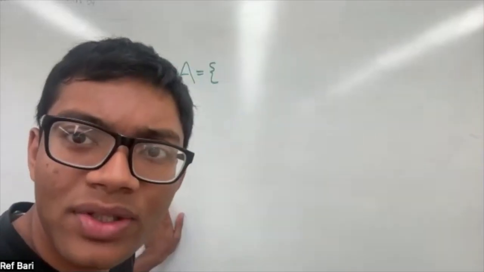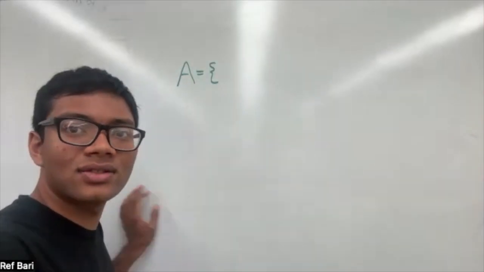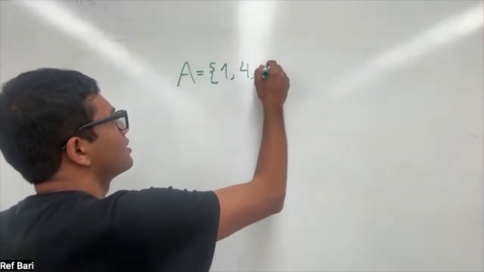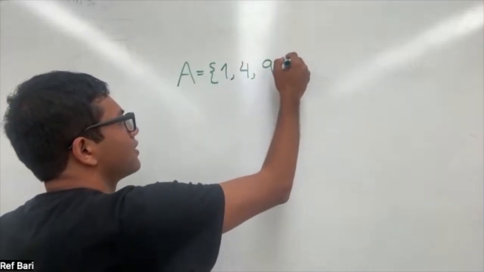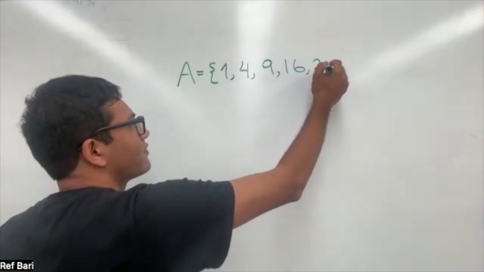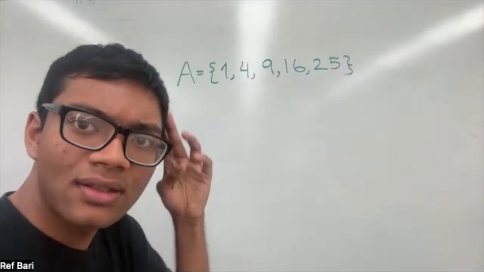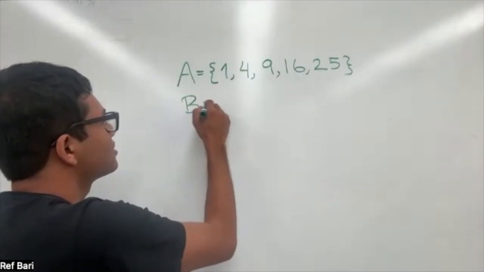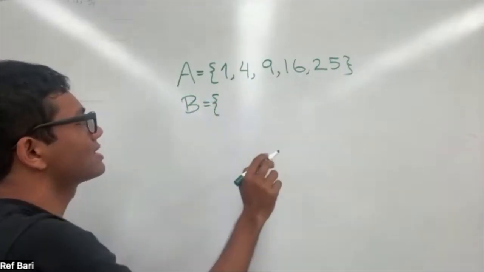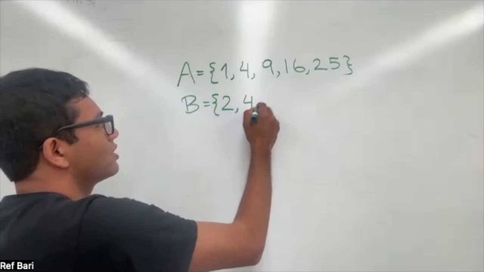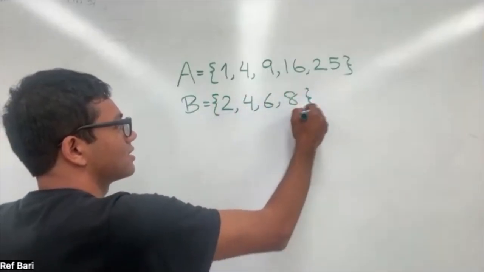Set A is all the natural numbers squared under 6. So 1 squared is 1, 2 squared is 4, 3 squared is 9, 4 squared is 16, 5 squared is 25. Set B is 2 times M, where M is less than 5. So 2 times 1 is 2, 2 times 2 is 4, 6, and 8.